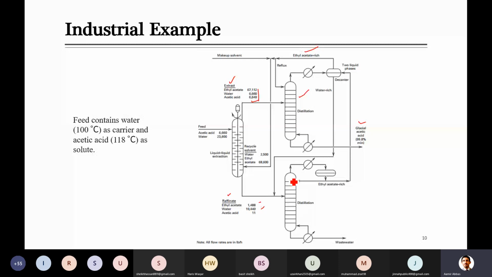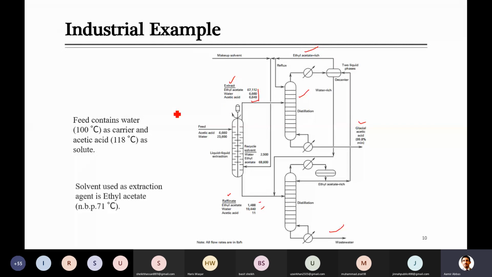So you distill here, and as ethyl acetate is lighter than water, the conditions are adjusted in such a way that ethyl acetate goes to the top and water leaves from the bottom. When ethyl acetate is separated and goes to the top, some part is refluxed, while the other is sent to the main ethyl acetate stream going back to the extraction system.